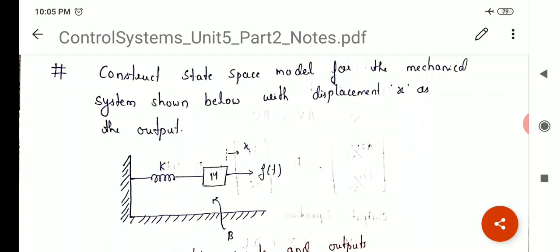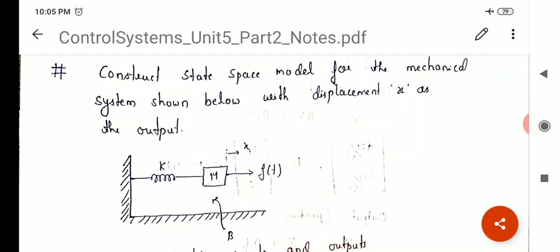Now how do we define the state variables? The state variable is a minimum set of variables of the system with the help of which we can determine the values of any other variables of the system at any point of time t.